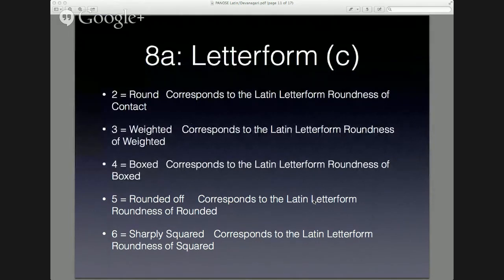Letterform has to do with roundness, and the same roundness characteristics are true in Devanagari that they are for Latin. You know, this has to do with the shape of an O could be perfectly elliptical, but it rarely is. Most often, if you think of a font like Meanline, that's one that really pulls that O square into the corners.